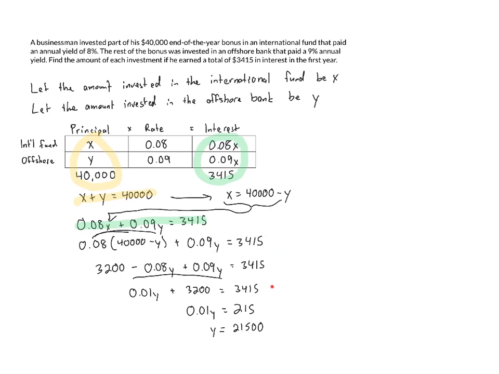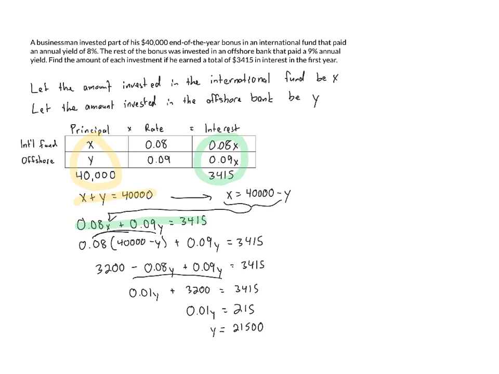We're still writing out the new equation each time, but I'm not actually saying minus 3,200 on both sides, divided by 0.01. The reason we want to avoid writing out all of this is because now we've got a large problem with many steps, and if we're taking the time writing out each of these little arithmetic steps, it's going to end up taking a lot more time and a lot more space. We want to focus now on writing out the things that are new and more challenging for us.